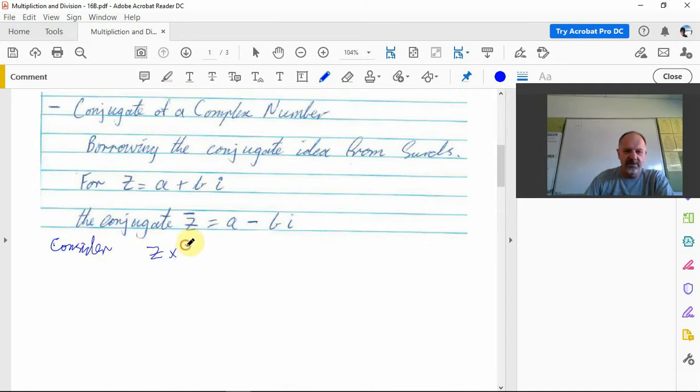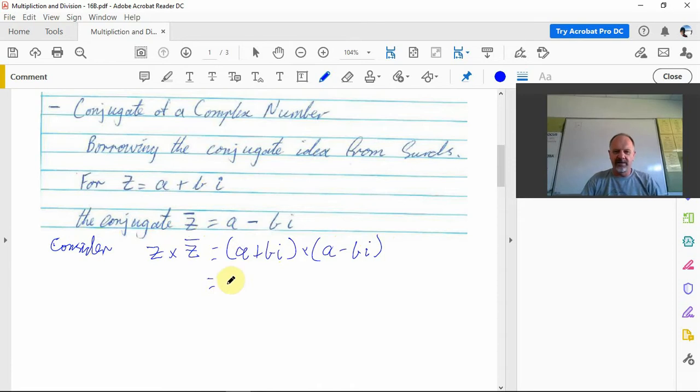Now consider z times z conjugate. So we've got a plus bi times a minus bi. When we expand that, we've got a times a, which is a squared, a times negative bi, so negative abi, bi times a, so plus abi, and negative bi times bi is negative b squared i squared.